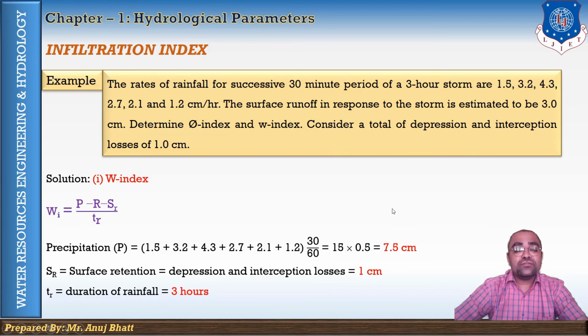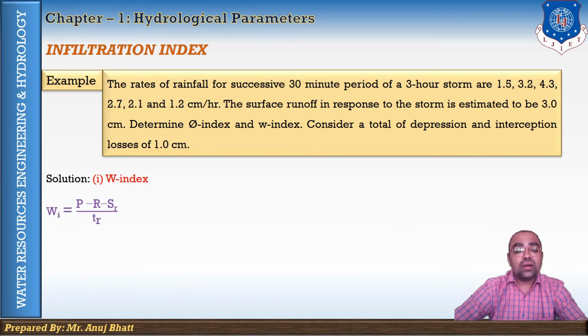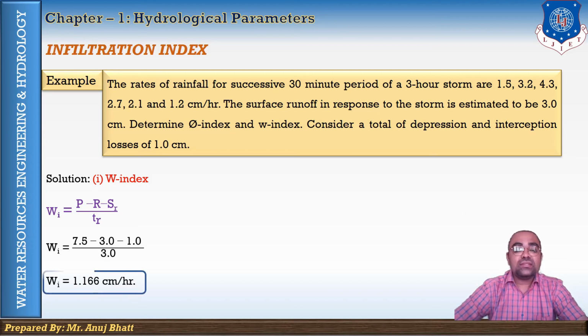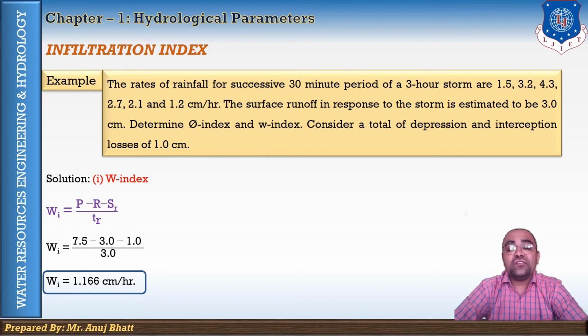Now substitute all these values in the formula. So W index is equal to 7.5, that is precipitation, minus 3, that is surface runoff, minus 1, that is surface retention, divided by 3, that is the total time duration of rainfall. So W index is 1.166 centimeter per hour. So this is how we can calculate the phi index as well as the W index.